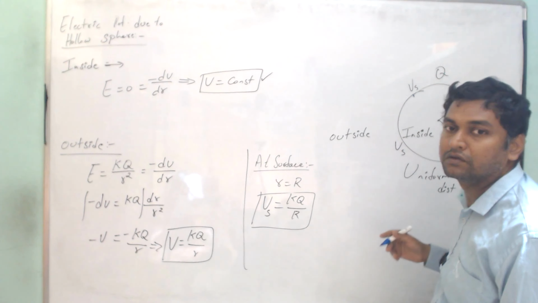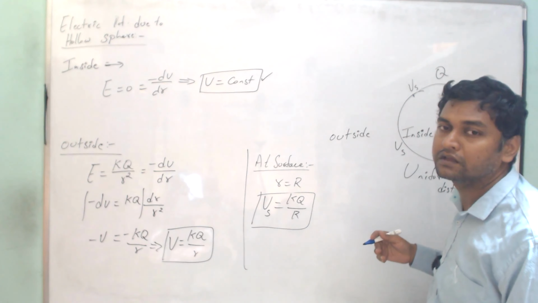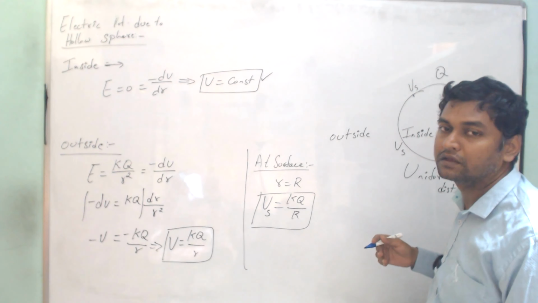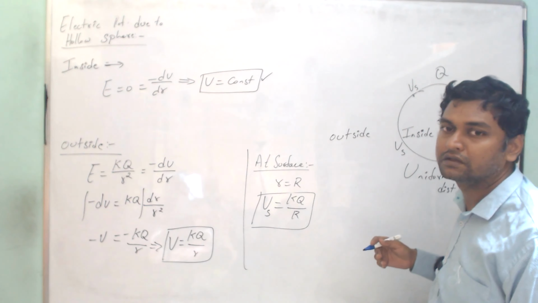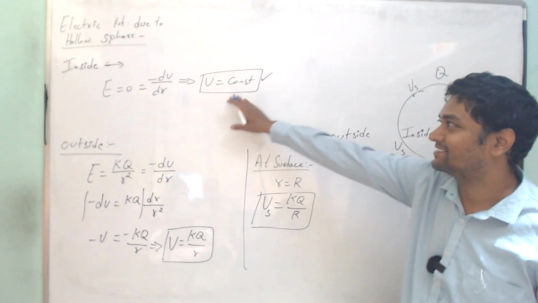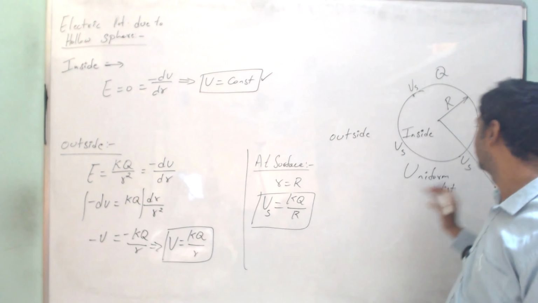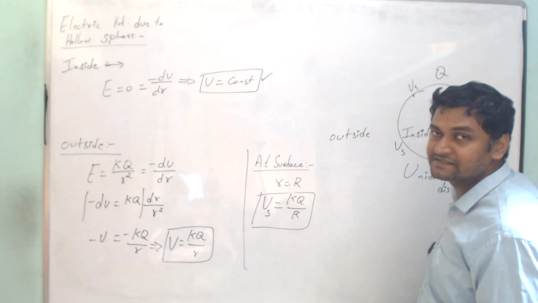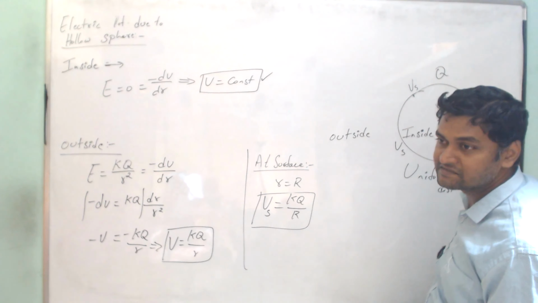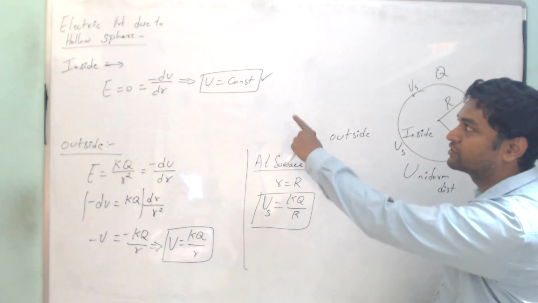It should increase? I don't know, sir. Why should it increase or decrease? I mean, you told it is a constant. But if you go inside, the value might change. Then why did we say it should be a constant?